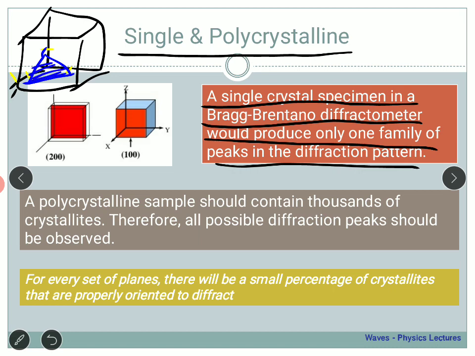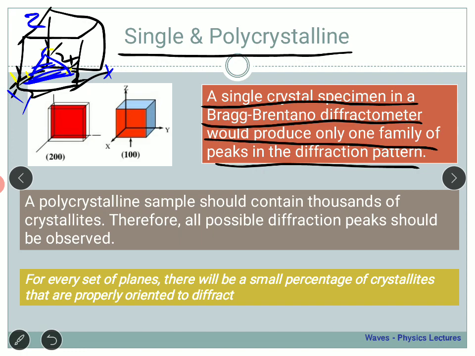Okay, so once we know the intercept, we can know what the plane is. So what is the intercept here? Let's say this is your x-axis, this is your y-axis, this is your z-axis, and let's say they are intersecting at half. So maybe we can consider this intercept as half, this intercept is also half, and this intercept is also half.